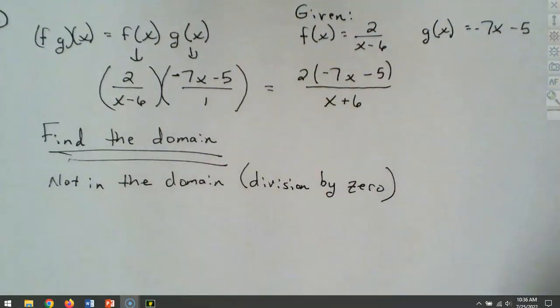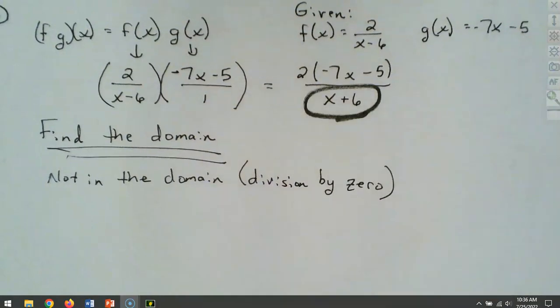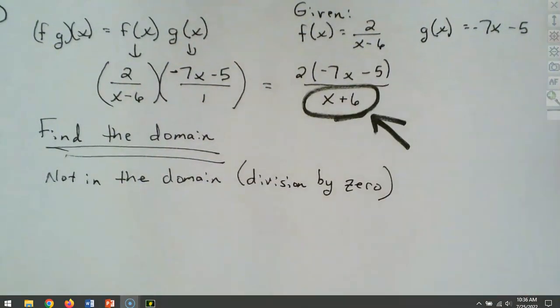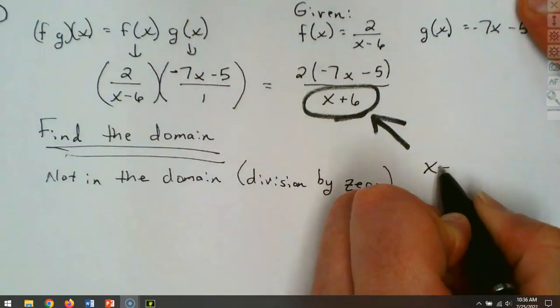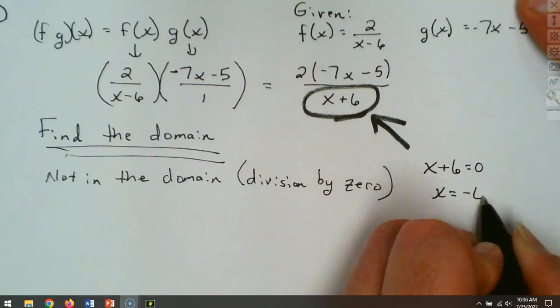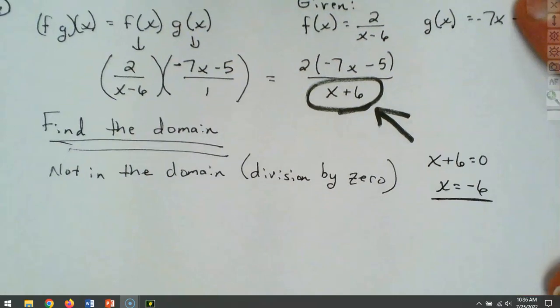So we don't even care about the numerator. The top half doesn't even matter. All we care about is that denominator. And what number is not in the domain? Well, not in the domain would be x plus 6 equals 0. So x equals a negative 6, and that is not in the domain.